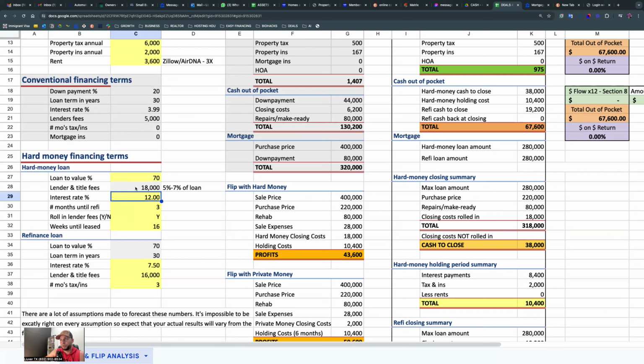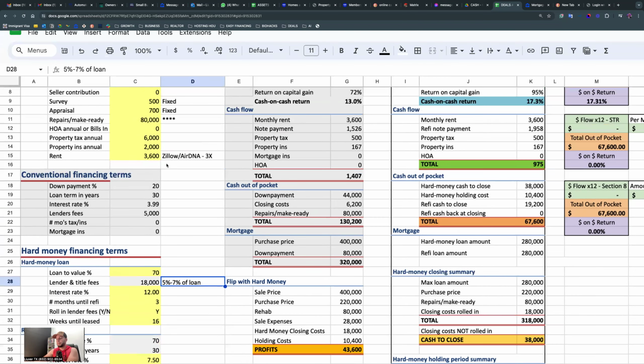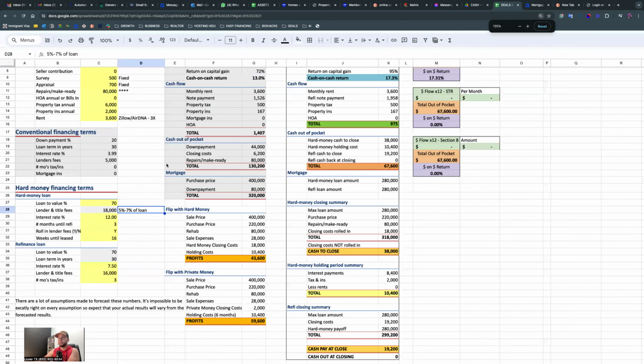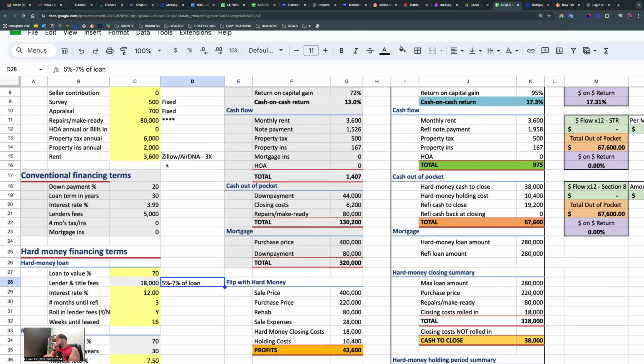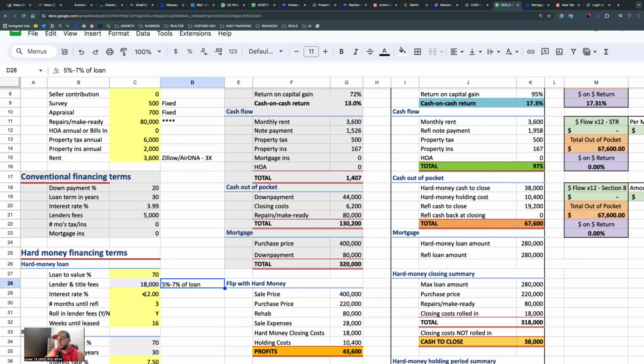This one is super important: $18,000 is between 5 and 7% of the loan. Why? Because my harmony lender charged me 3% plus the closing costs from the title company.